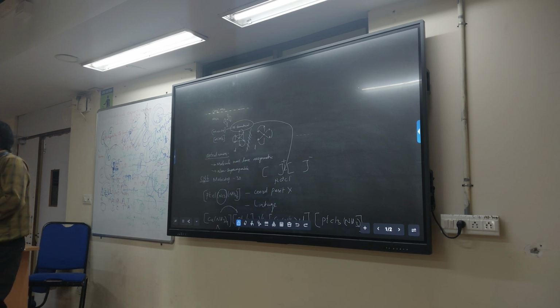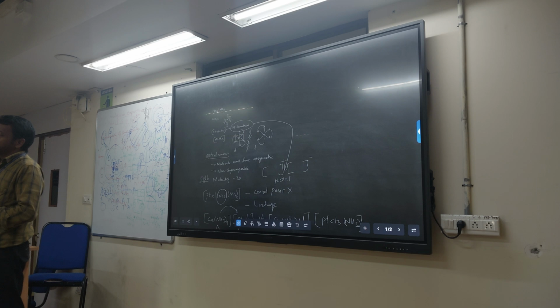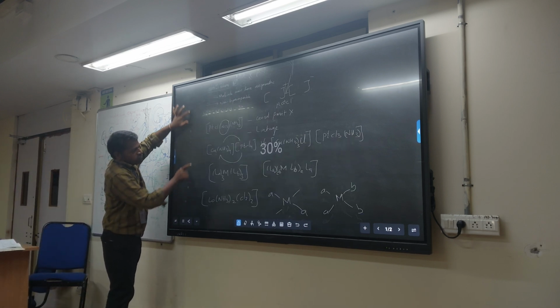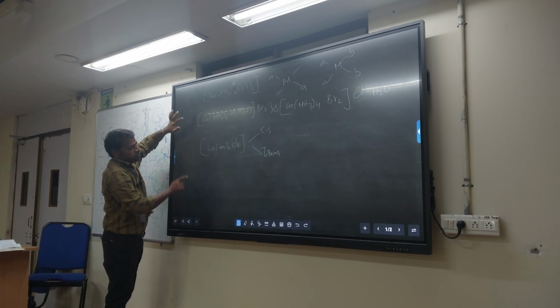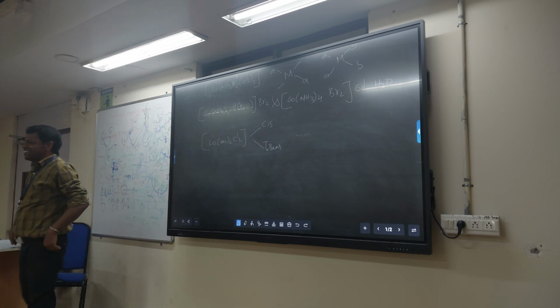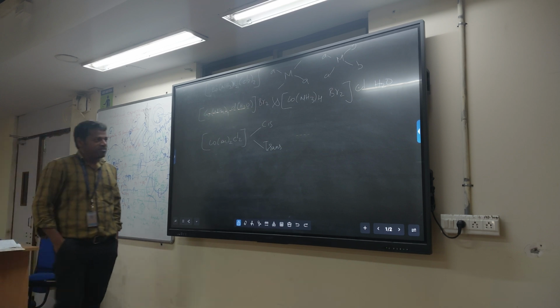Pn means propylene diamine. Then tn is triethylene diamine.